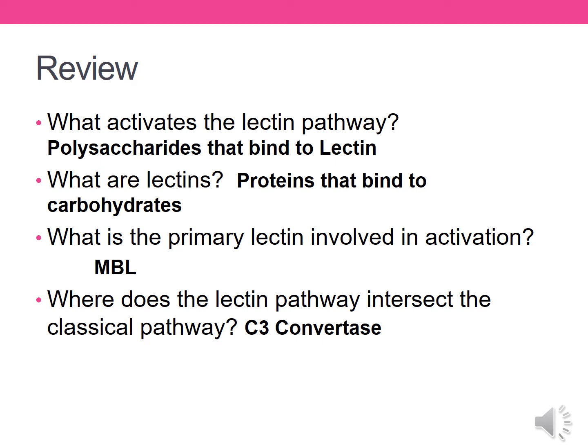What are lectins? They are proteins that bind to carbohydrates. And what is the primary lectin involved in activation? That would be the MBL, or mannose binding lectin. So where does the lectin pathway intersect the classical pathway? That would be at C3 convertase.